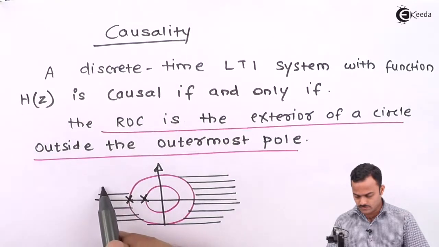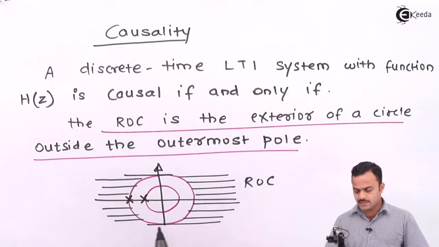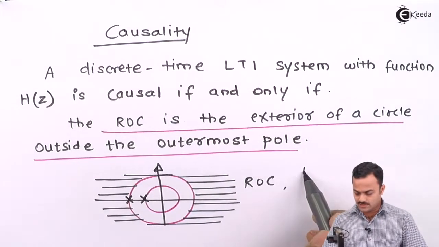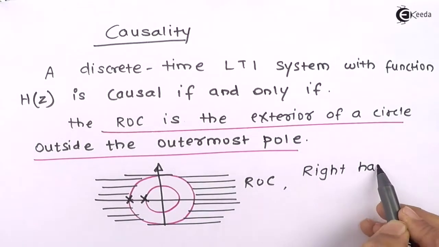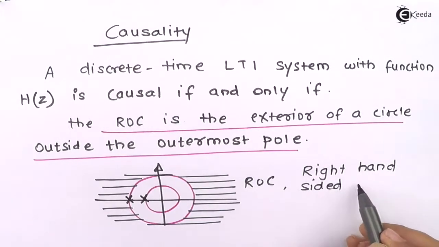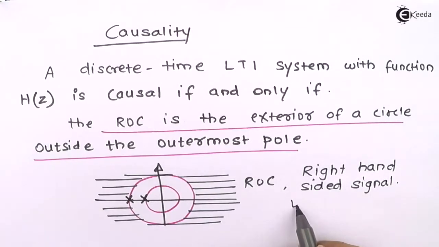So this should be the ROC. So basically what it's saying, a causal signal is nothing but a right hand sided signal. It will consist of u of n terms only. This is the meaning of causality.